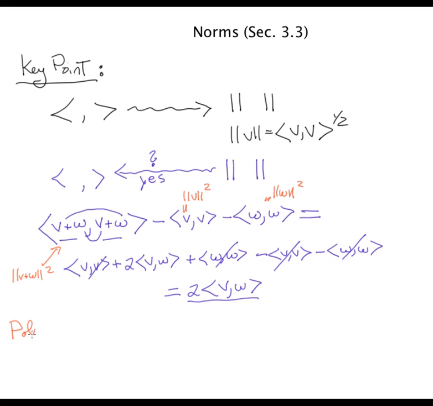So this is what's sometimes called the polarization identity, which says that you can compute the inner product of 2 vectors if you know how to take norms.